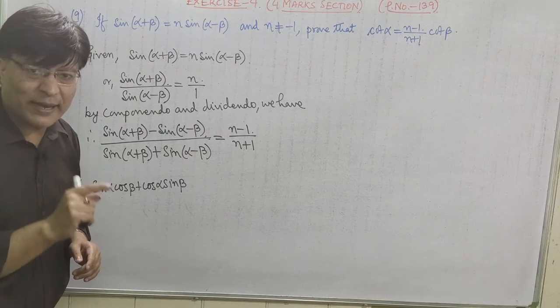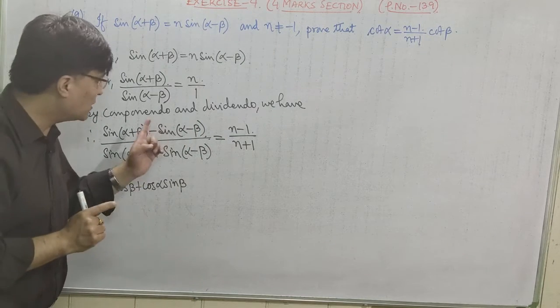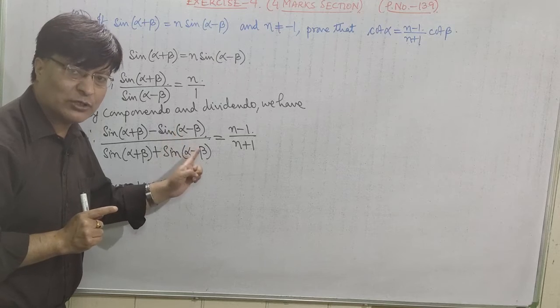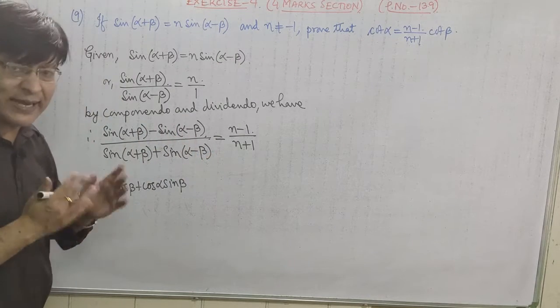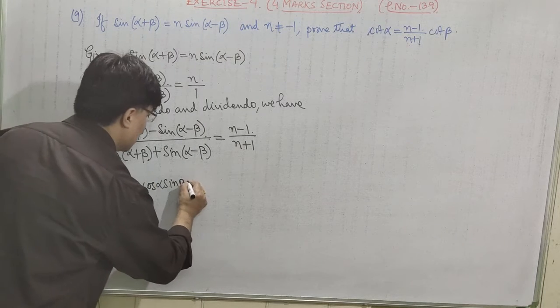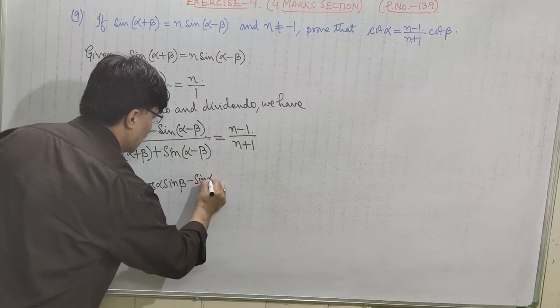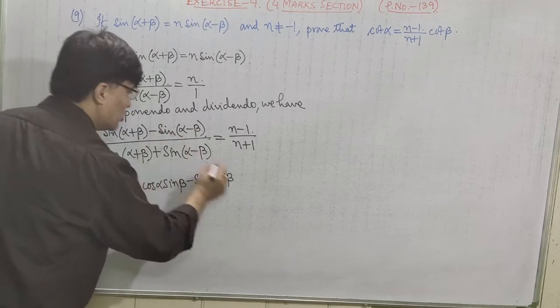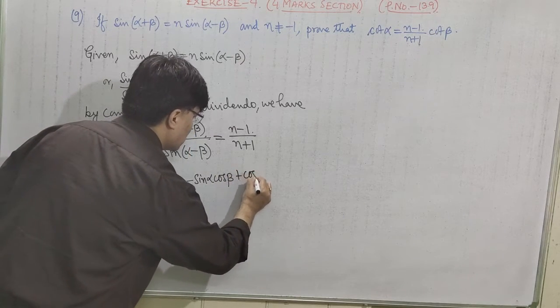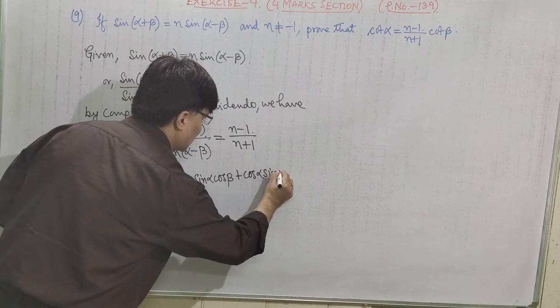Sine a cos b minus cos a sine b. But here it is sine alpha cos beta minus cos alpha sine beta, but because of this minus sign it changes. Minus sine alpha cos beta. Since there is minus sign here, minus into minus is plus cos alpha sine beta.